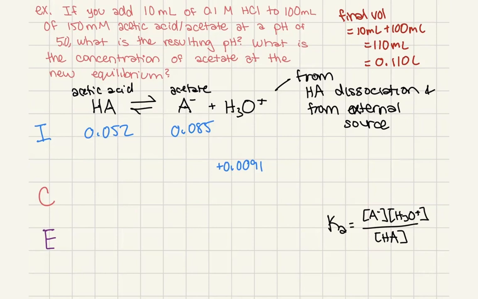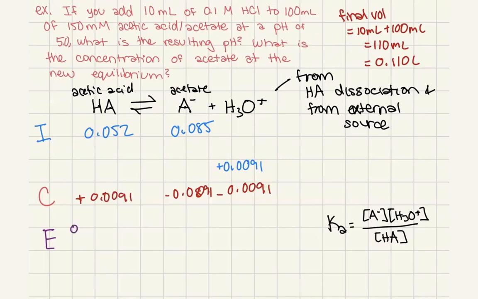Once again, we can see that all of the H3O+ is going to react because it's going to be the limiting reagent. So for our change, we're going to get minus 0.0091 for H3O+, minus 0.0091 for the acetate, and plus 0.0091 for the acetic acid. Now we can figure out our final amounts.